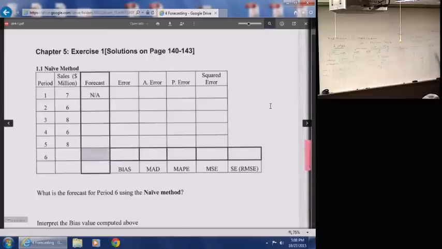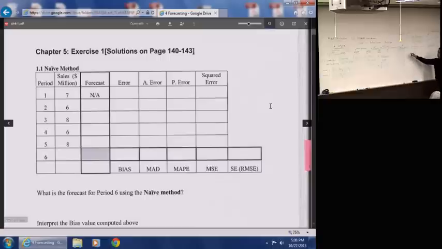So what's the actual value? The actual value is here, right? The numbers that you're predicting, 7, 6, 8, 6, 8. The numbers you're starting with. And then I'm going to create a column that computes the actual value minus the mean of the actual value, squared.